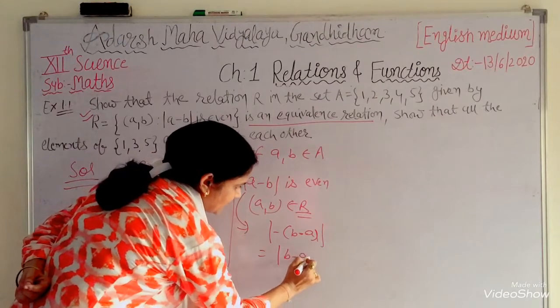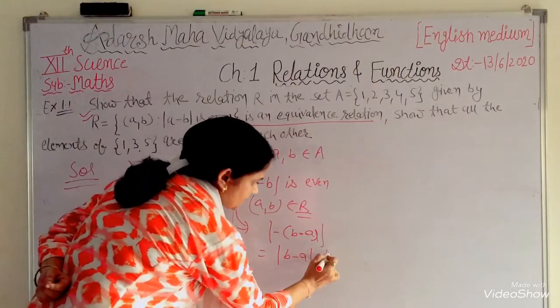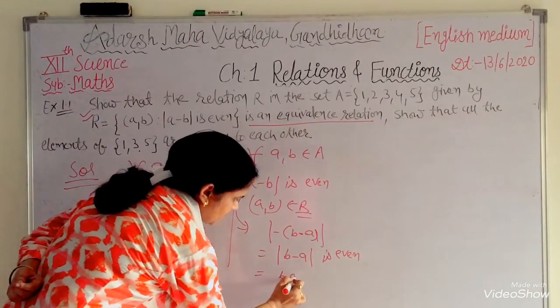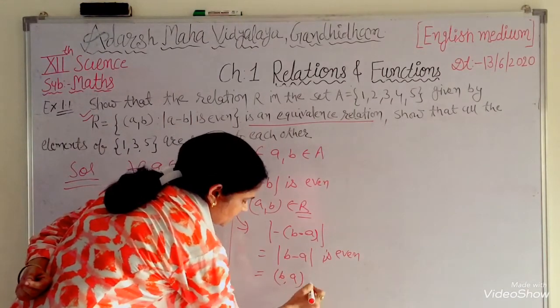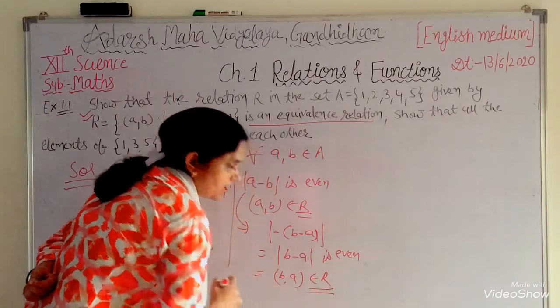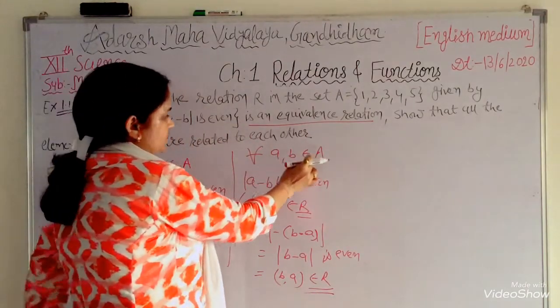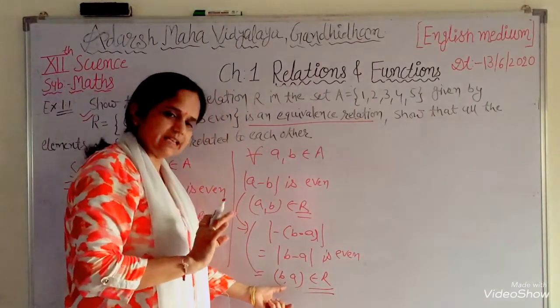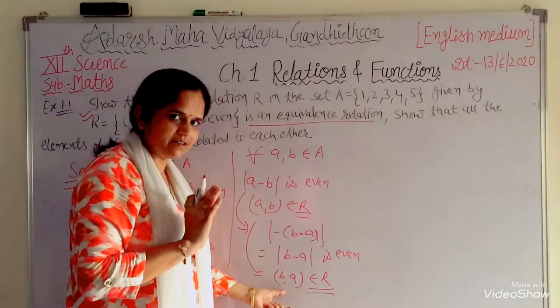So, b minus a is also even. Therefore, (b, a) belongs to R. (a, b) belongs to R, (b, a) also belongs to R, hence R is a symmetric relation.